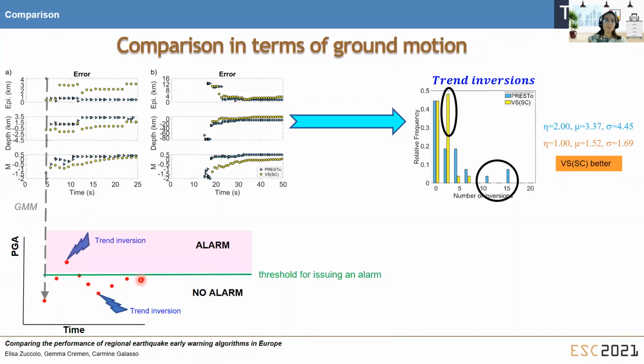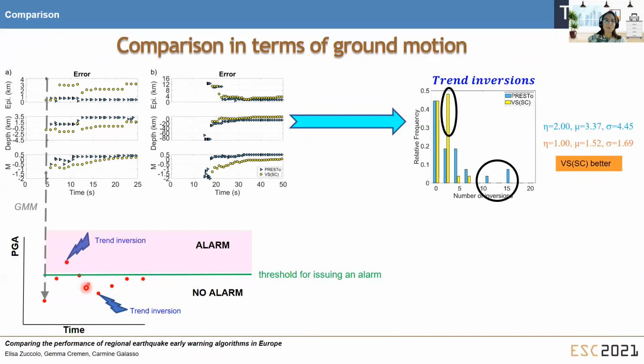Again, we performed two types of analysis. The first examined the temporal evolution of PDA estimates by computing the number of trend inversions in the temporal evolution of PDA, which can raise questions about the integrity of an issued alarm if the PDA threshold for issuing an alarm is exceeded at a certain instant, but not exceeded at a later instant.